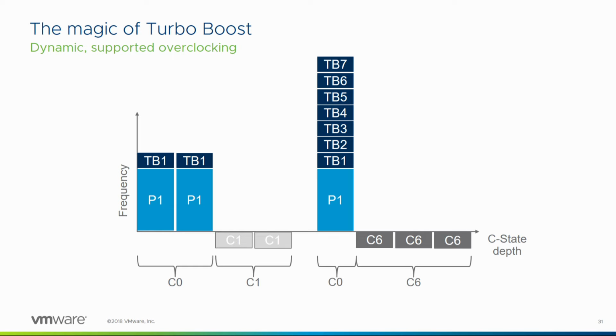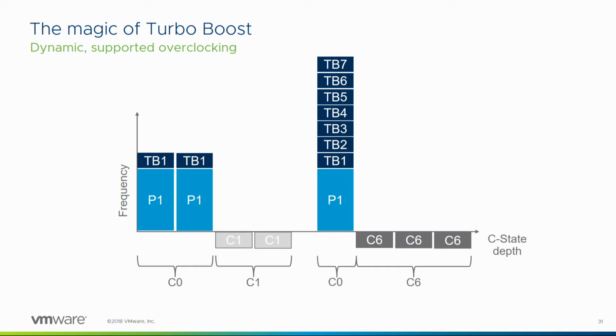Now, depending on the CPU type and model, there is a certain maximum that you can reach without deep C states. If you want the maximum turbo boost frequency that is advertised for your CPU, you need deep C states enabled, and you need a balanced policy or a custom policy in ESXi that allows the usage. So in my opinion, that is the optimal setting.